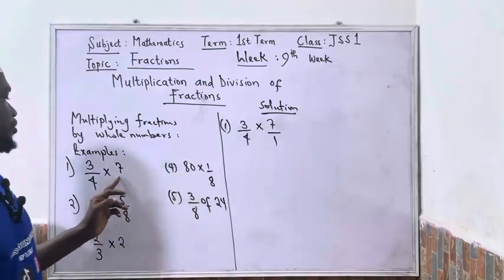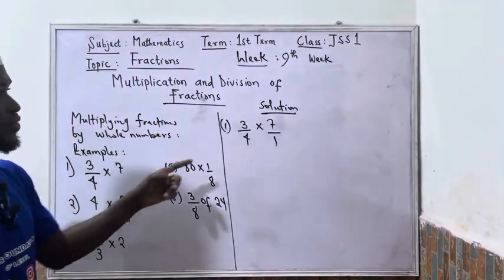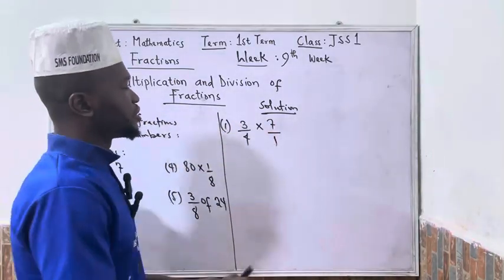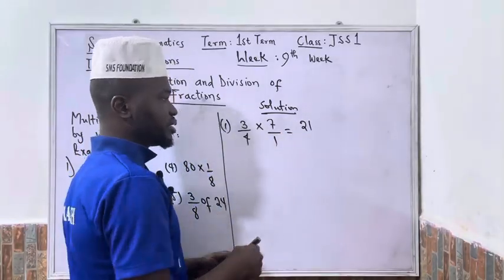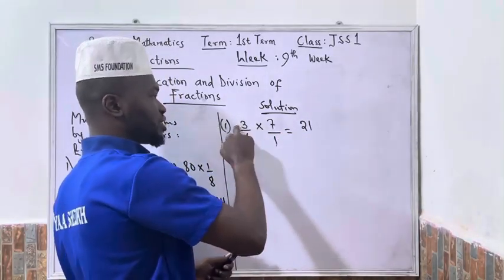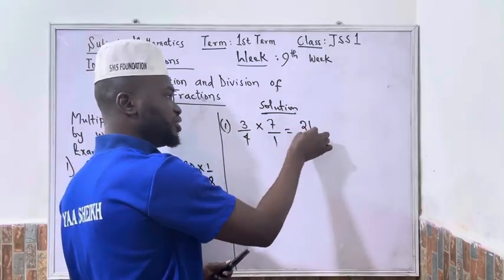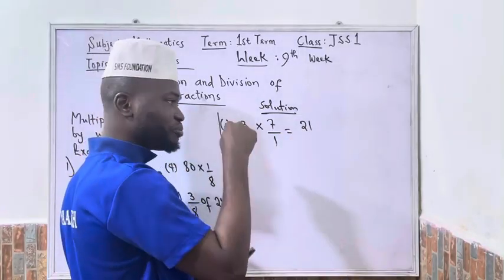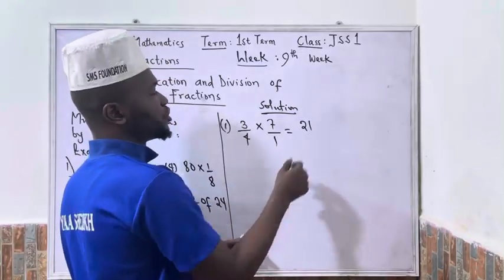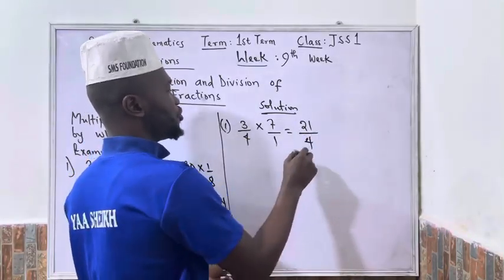So don't leave it the way you have it here. Now I will just do 3 times 7. 3 times 7 will give me 21 at the top. So whatever you have done at the top, keep it on top. And the ones you are doing at the bottom, keep it at the bottom. So you do 4 times 1. That will give you 4.